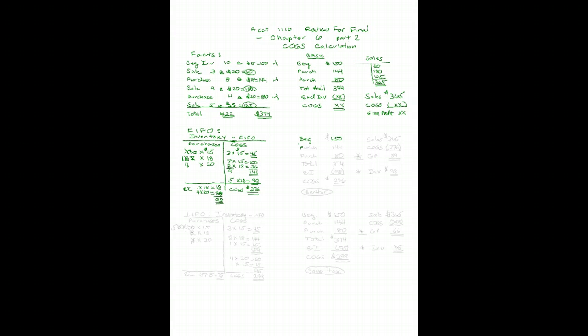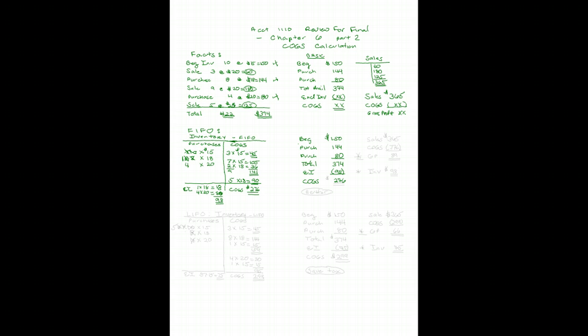Then I had two purchases, one at 144 and one at 80. So my total available, we agreed, was 374. Add all of those up. And I'm telling you my ending inventory is 98. So my cost of goods sold in this example would be 276.